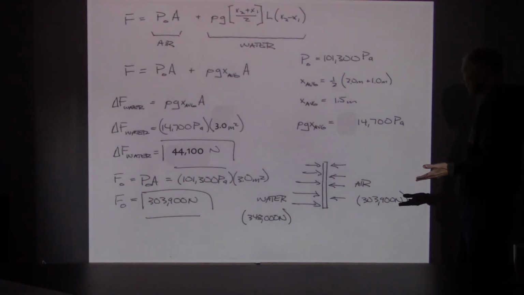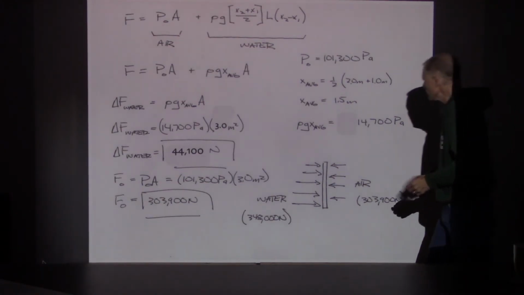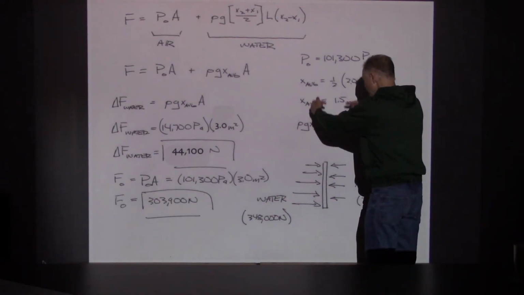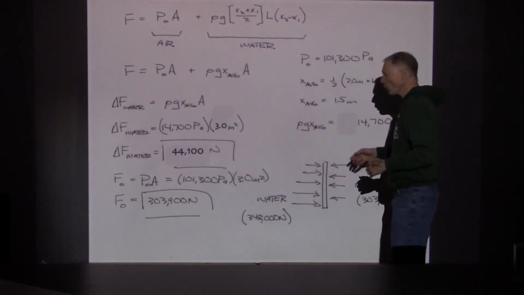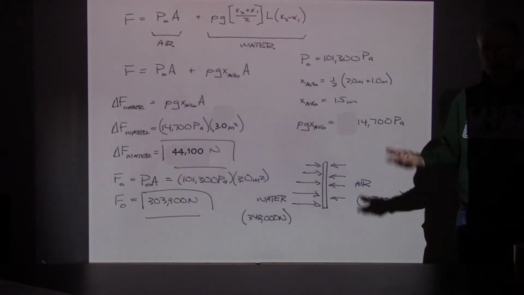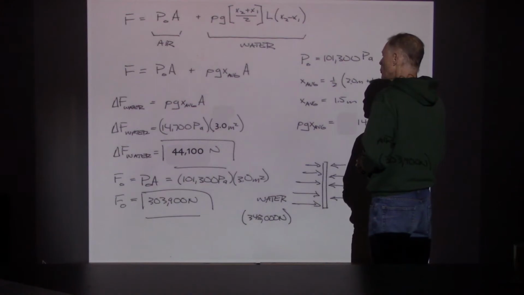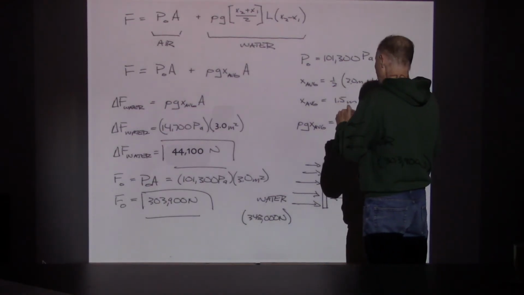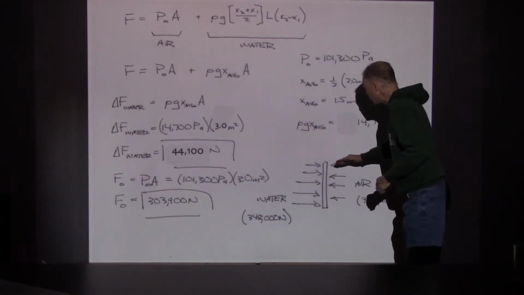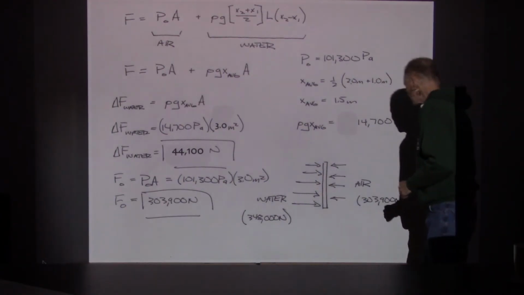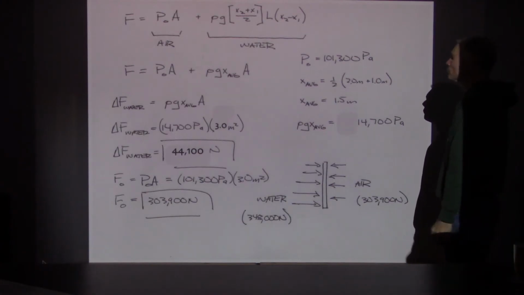What's going to happen here, I think I showed that with the arrows, is that at the top, the two pressures match. Right at the top surface of the water, both inside and outside, the pressures would match. Oh, that's not true though, huh? Because we're already below the water surface. So by the time we get to the window, the pressure inside is going to be greater.